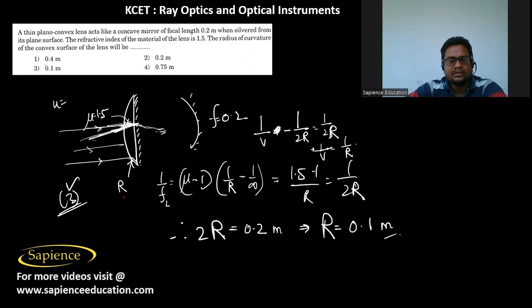That is 1 by r. So the final focal length is the radius of curvature.